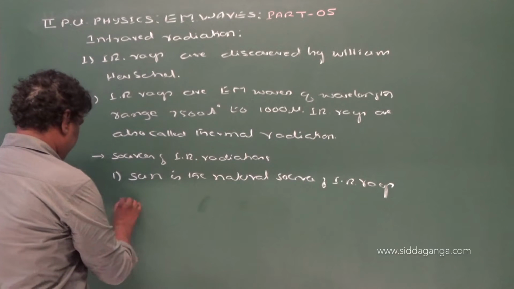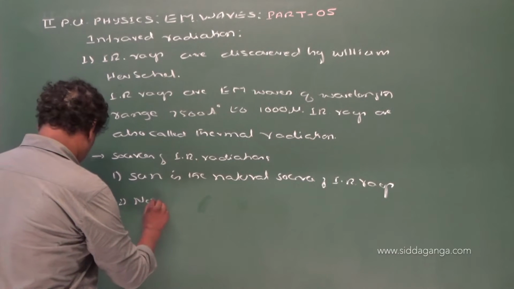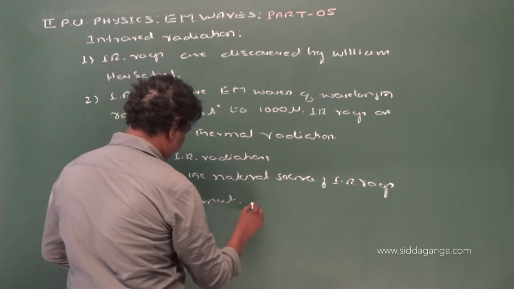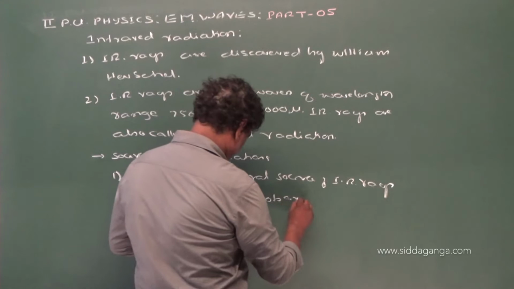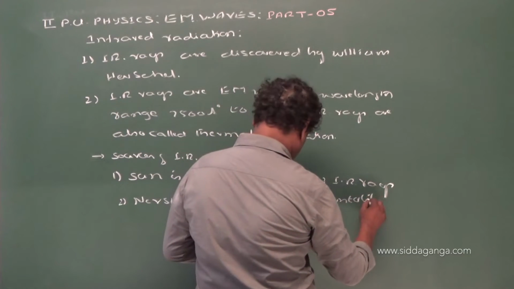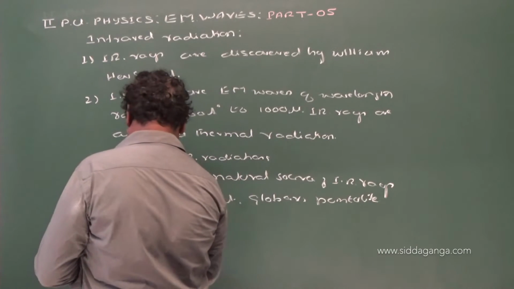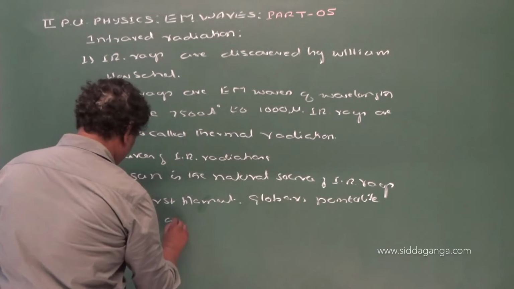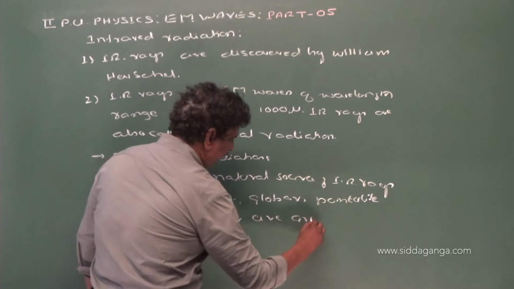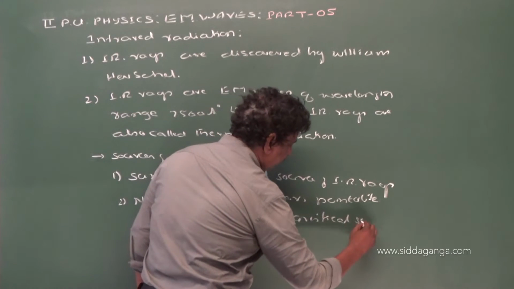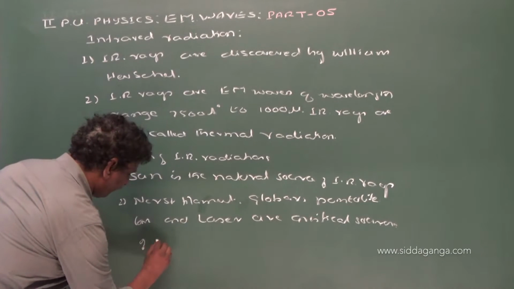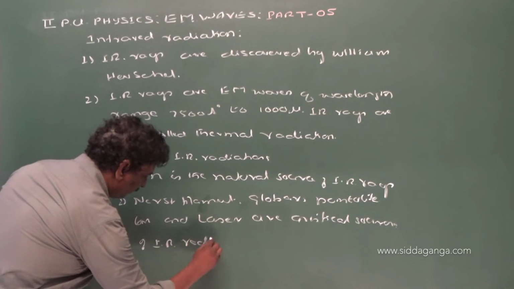Right. Now the other sources are Nernst filament, globe or point to light, right, lamp and laser are artificial sources of infrared radiation, right.